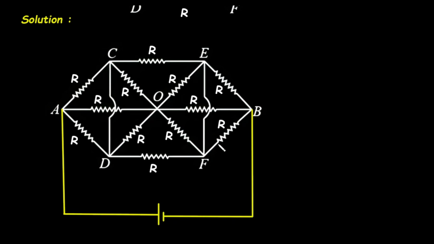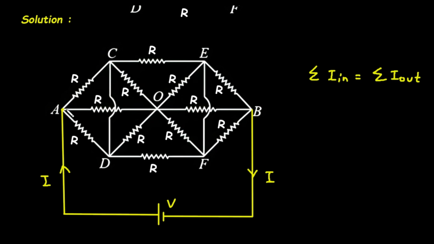Now what will happen? There will be a current flow I. Let's say the current through this network is current I. Now we know that according to KCL, Kirchhoff's current law, the summation of all the currents entering a node is equal to the summation of all the currents leaving the node.